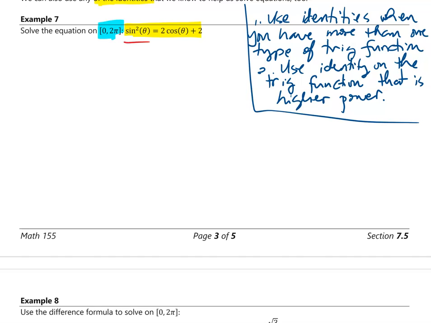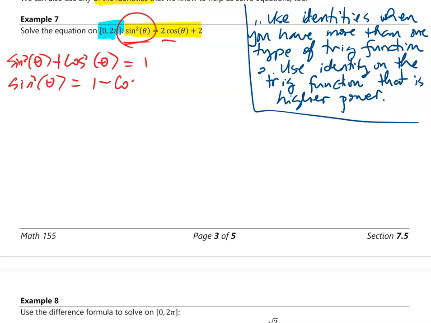Just like here we have sine, cosine, then use identity on the trig function that is higher power, like sine squared theta. And we know the Pythagorean identity that sine squared theta plus cosine squared theta is equal to 1. So we can say that sine squared theta is equal to 1 minus cosine squared theta.